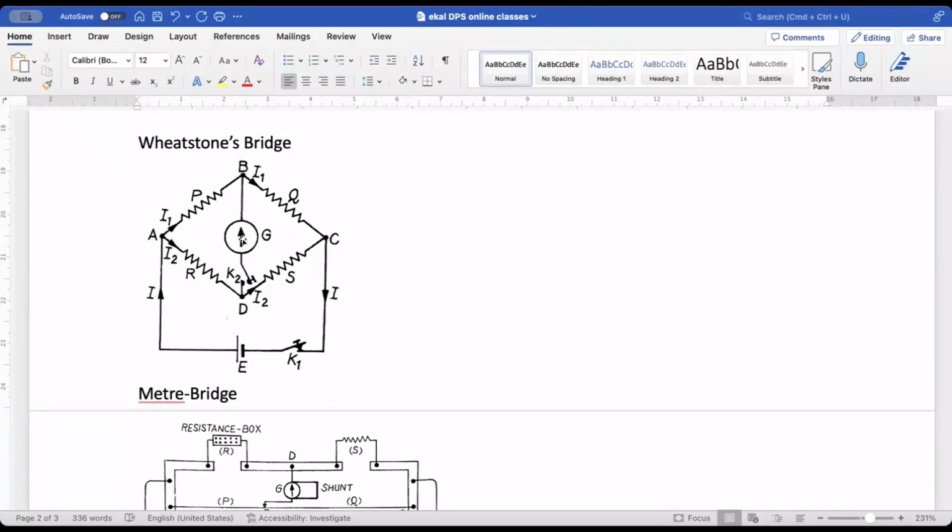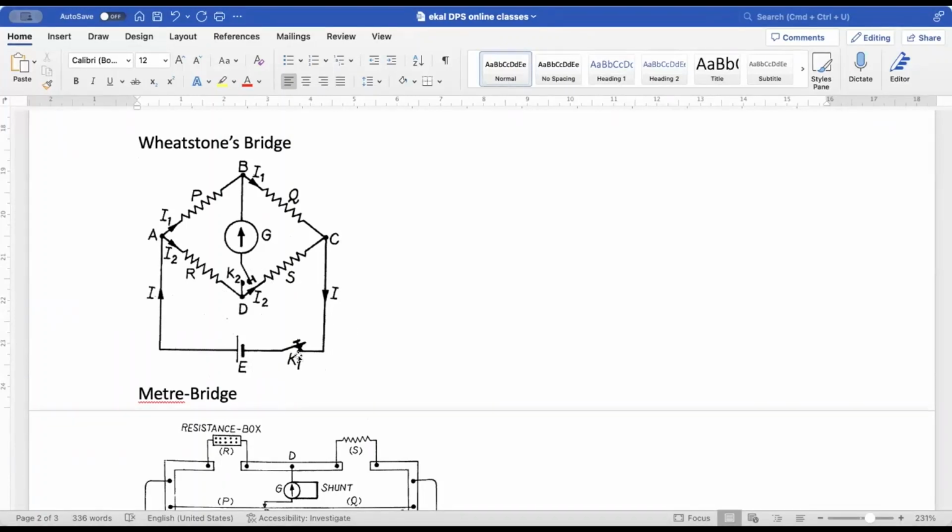And between B and D the galvanometer is connected over here. And A and C are connected through the cell. And we have 2 keys, one is K2 and the other one is K1.